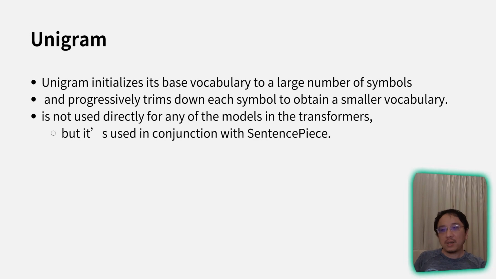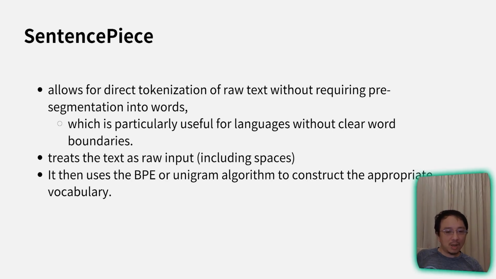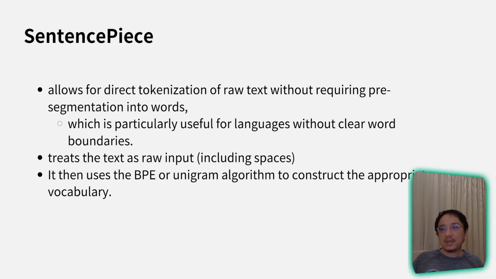In practice, it is often used with the SentencePiece algorithm. So what does SentencePiece do? It solves one important issue in the original BPE and WordPiece. That is, it considers the space as a character. Instead of doing the counting and the statistics on words, SentencePiece directly works on the raw text without requiring pre-segmentation.